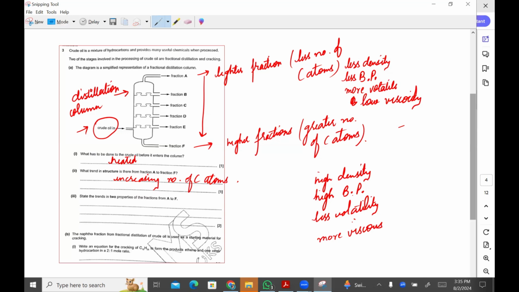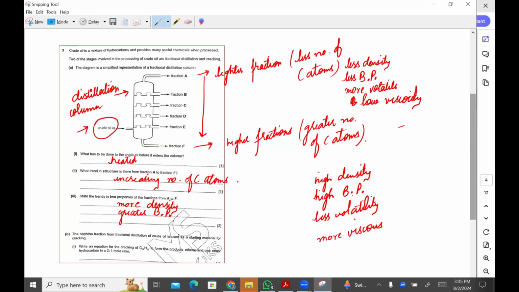So what is the trend in two properties of the fractions from A to F? We can take any, such as more density or greater boiling point.